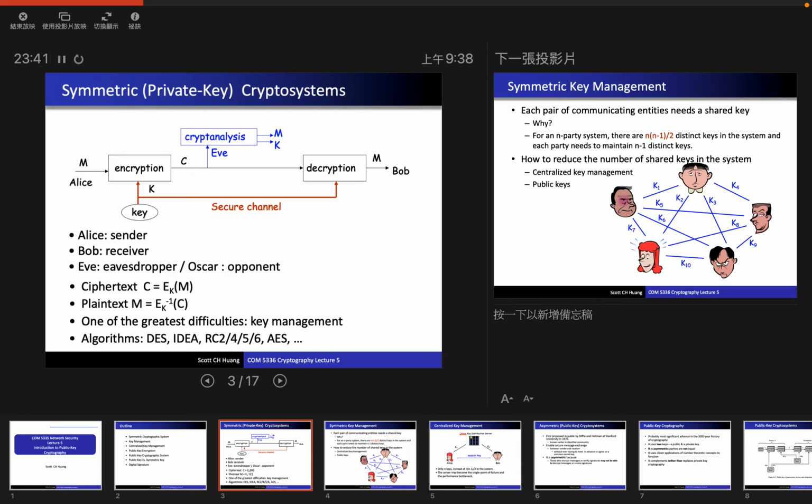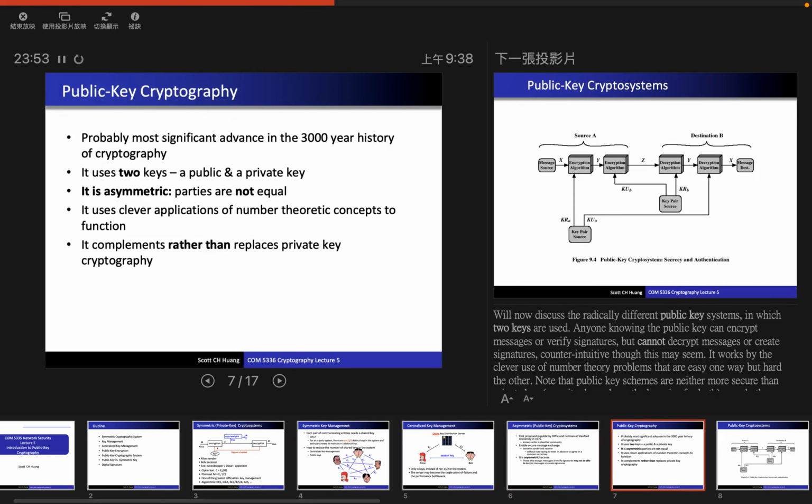So in other words, you don't have to have a secure channel anymore because the encryption key can be released via an insecure channel, which is essential. Okay. So it uses two keys, a public key and a private key. So it is asymmetric because those parties are not equal. And it has clever applications, so not just encryption and decryption.